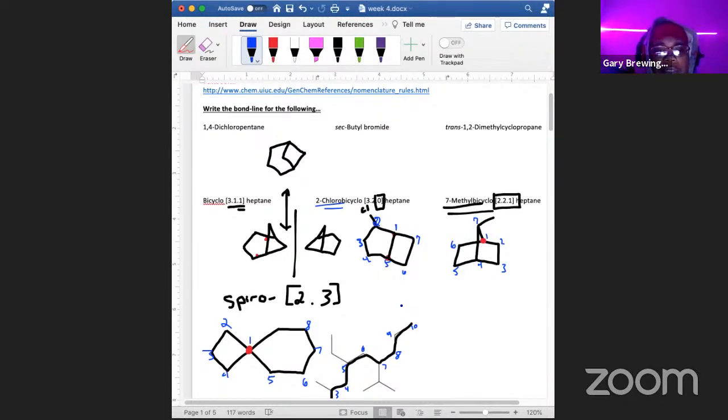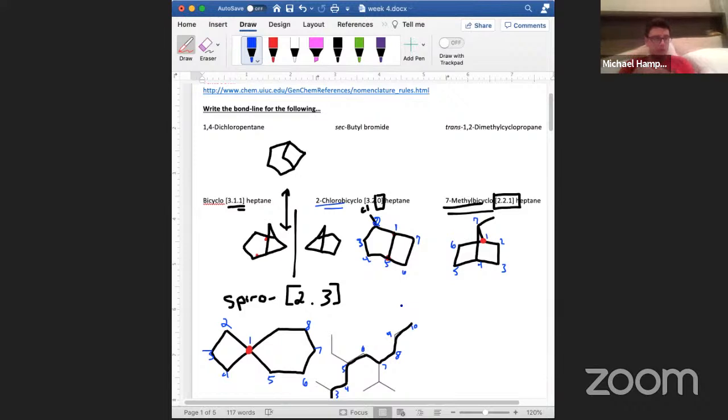I had a question. Why didn't you start the long way again? It's just convention for spiro molecules. It's just the rule. There is no logic really to it. It's just the IUPAC naming convention. So bicyclos, i.e. if there's 3 numbers in the bracket, it's a bicyclo molecule, you start counting to the longer side.